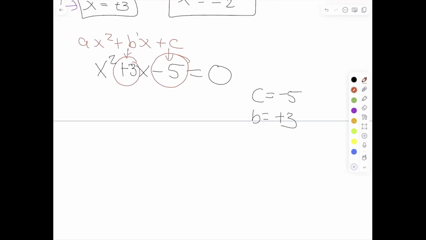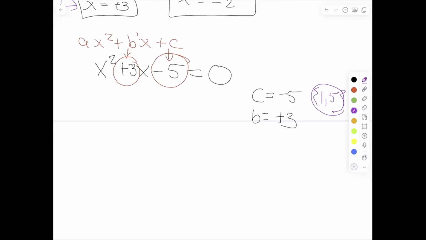So now, what are the factors for 5? It's going to be 1 and 5. That's it. Can I use these same values to get 3? Even if 1 is negative or positive, no. There's just no way.